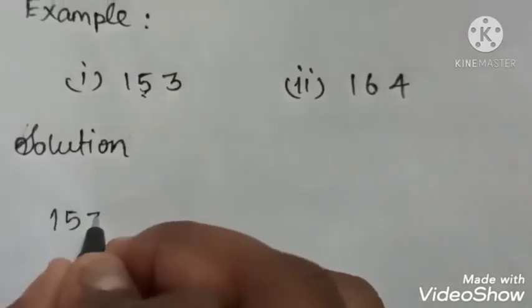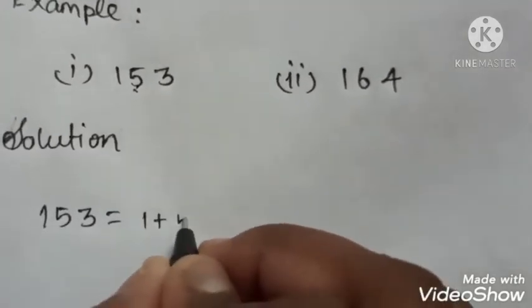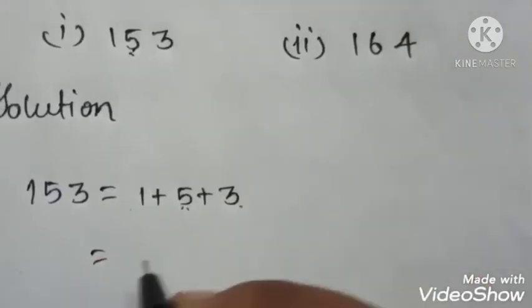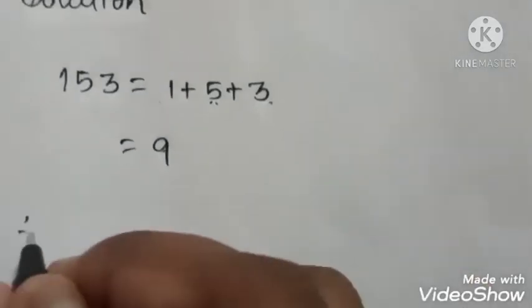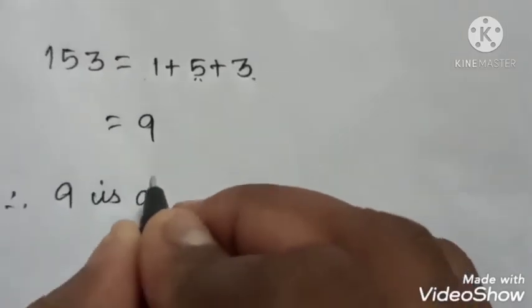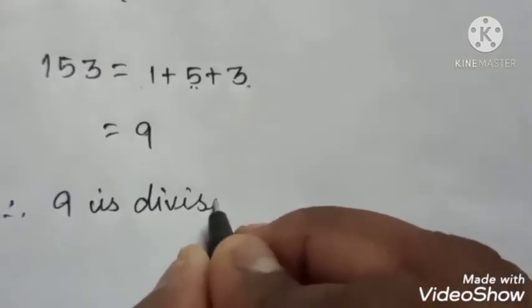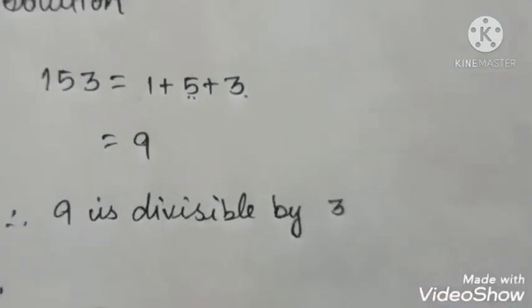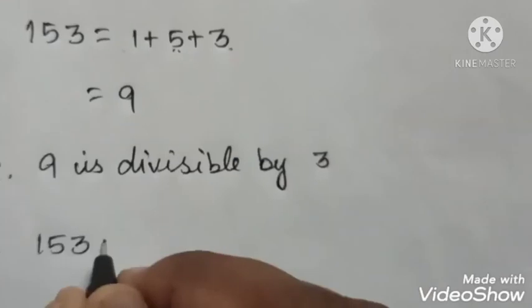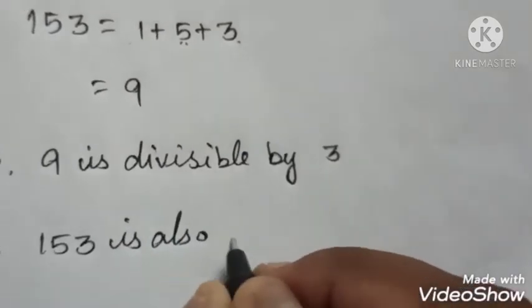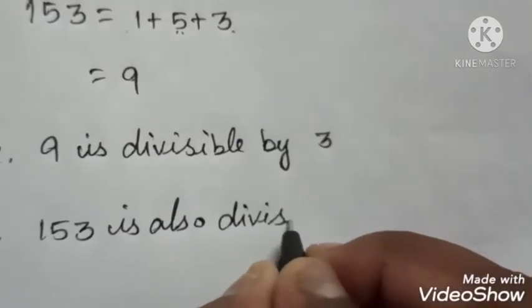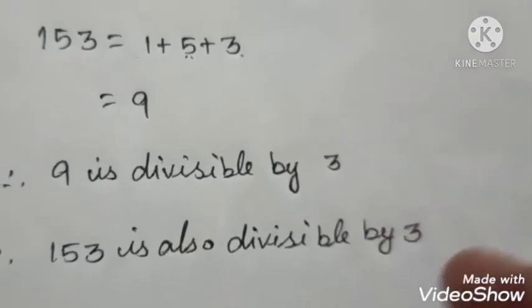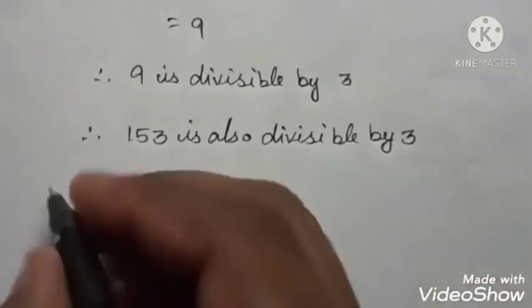For 153 we add 1 plus 5 plus 3. 1 plus 5 is 6, 6 plus 3 is 9. Therefore 9 is divisible by 3. Therefore 153 is also divisible by 3.